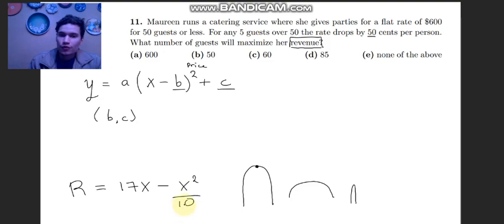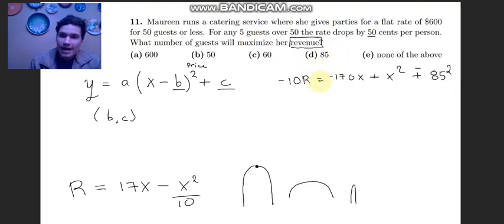So let's first put this minus 10 on the other side. Minus 10r will be equal to 170 minus 170x plus x squared. To complete this binomial, we can sum and subtract this divided by 2 and squared, which is 85 squared.